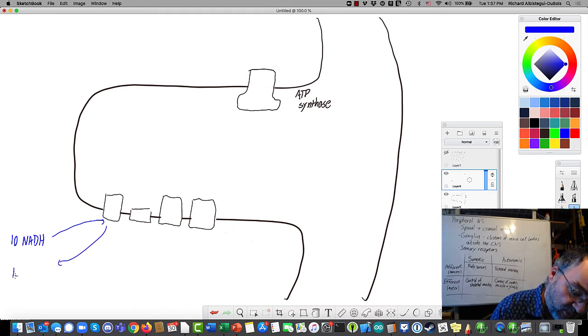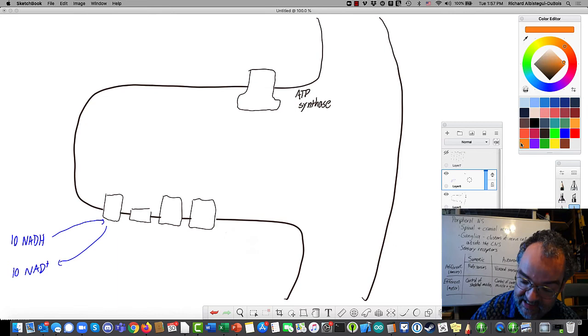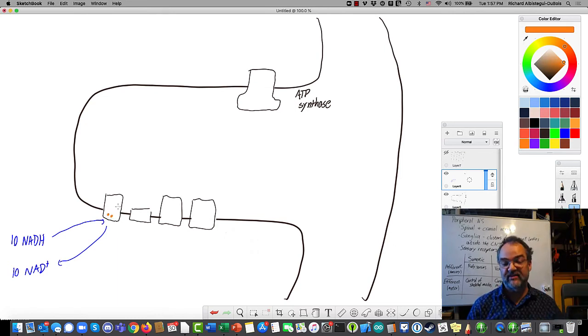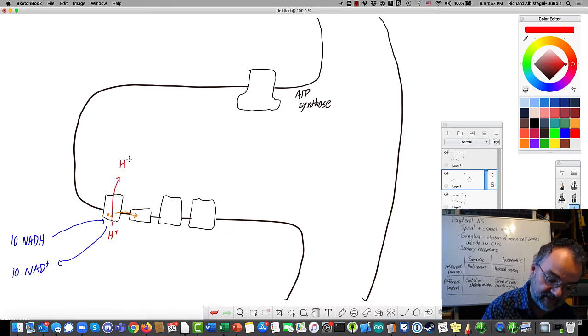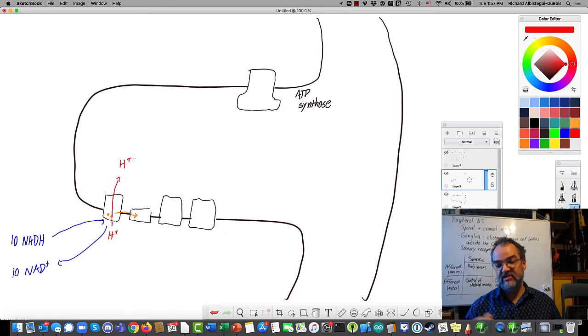So they come away having turned back into NAD+, having dropped their high energy electrons onto this protein. That protein hands those electrons off to the next protein in the line. And in the process of doing that, it's able to transport some protons, H+, into this intermembrane space.